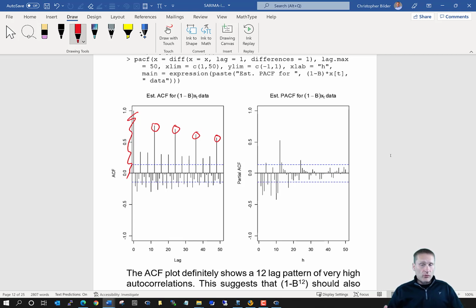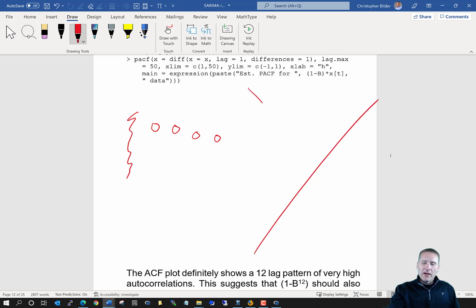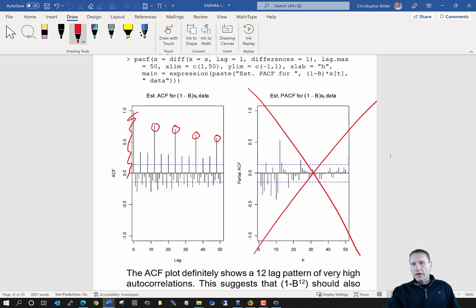As we would expect, this is telling me that I need 1 minus B to the 12th power in my model. I need to do the seasonal aspect of differencing too. I also wouldn't look at the PACF plot because I know I need to have differences. So why am I also doing the PACF plot? Well, when I do the ACF plot, I typically also do the PACF plot at exactly the same time.